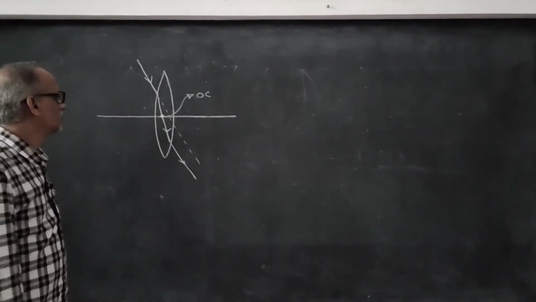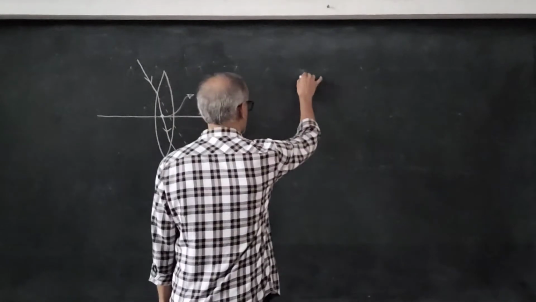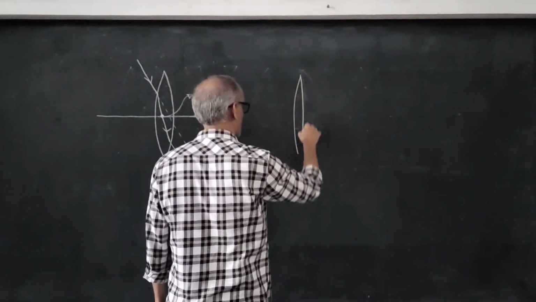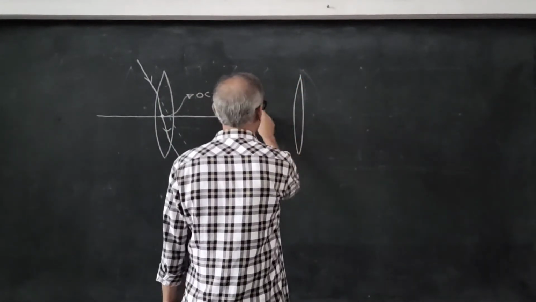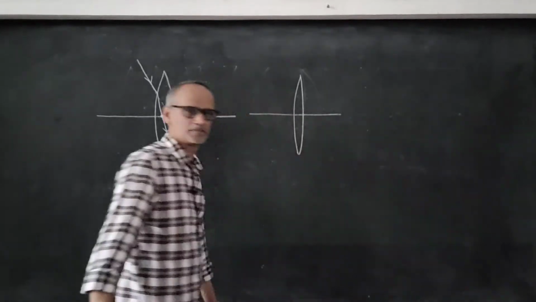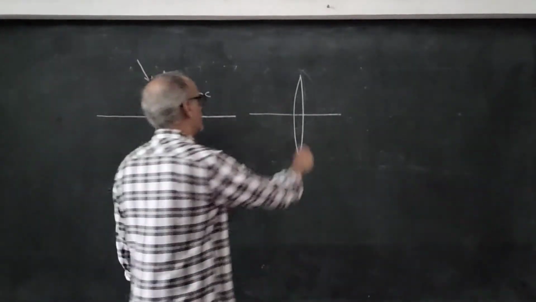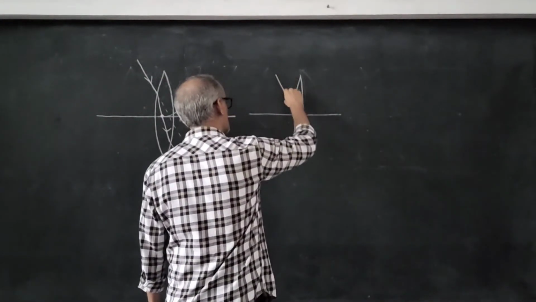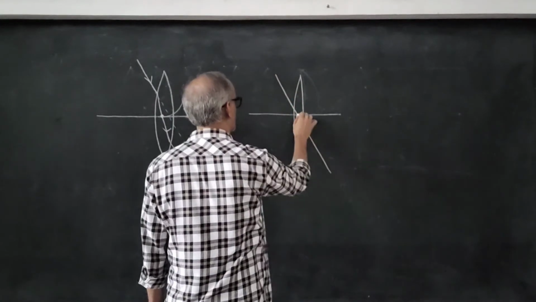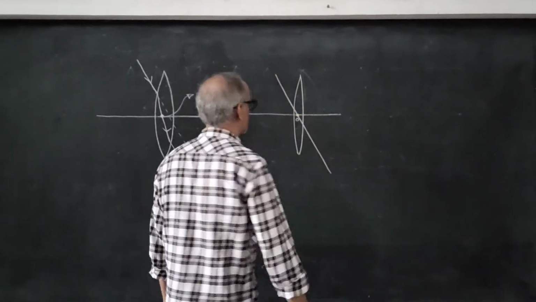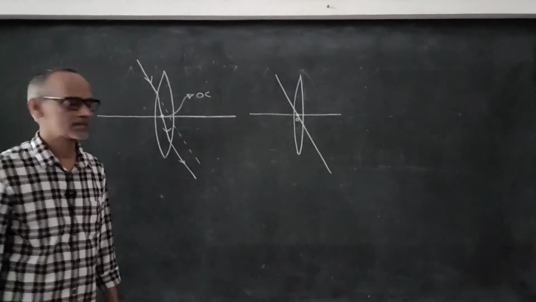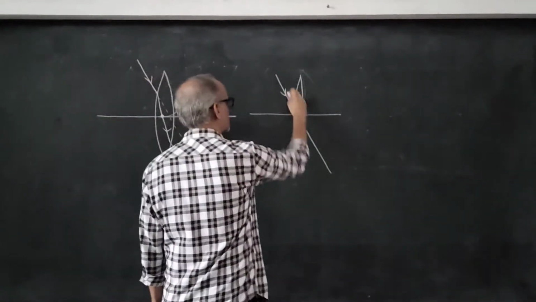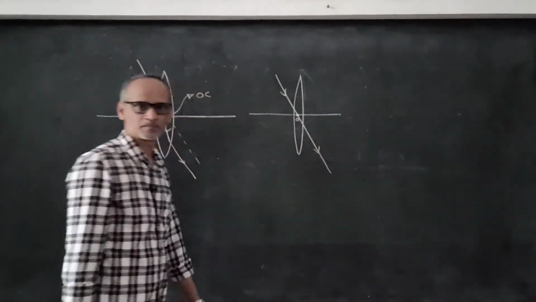But if the lens is a very thin lens, where thickness is negligible, then any ray passing through the optic center, this is the optic center, passes undeviated, passes straight without any deviation.